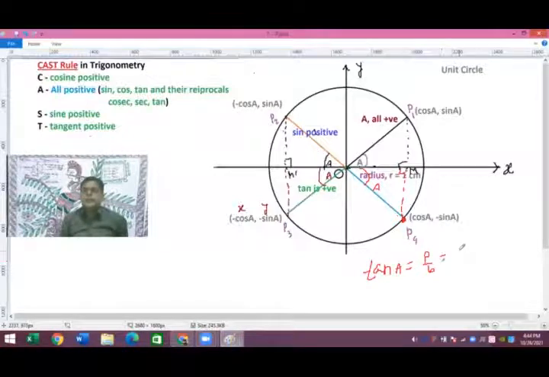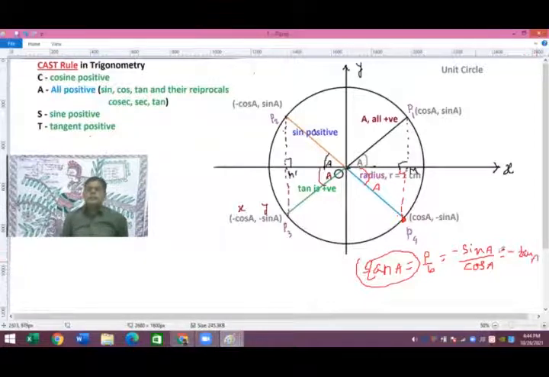This is minus sine A, you can write here minus sine A, and B means the x coordinate, so the x coordinate is already here, plus cos A. And then what you got is that the P by B ratio in this quadrant is minus tan A. That means what we got in the fourth quadrant is that only cosine is positive, but the rest of the trigonometrical ratios, sine and tan, are negative.